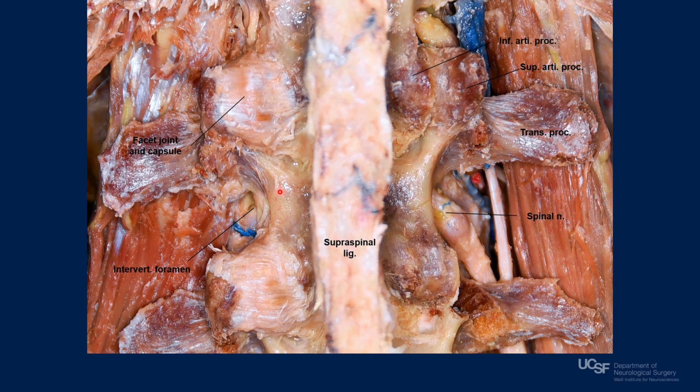Anterior to the lamina, we see the intervertebral foramen, and we also see the supraspinal ligament, which is going to be attached to the spinous processes. Anterior to the transverse process, we see the quadratus lumborum, and as we mentioned, from this side there's an intervertebral foramen. What we're seeing here is the exit of the spinal nerve.